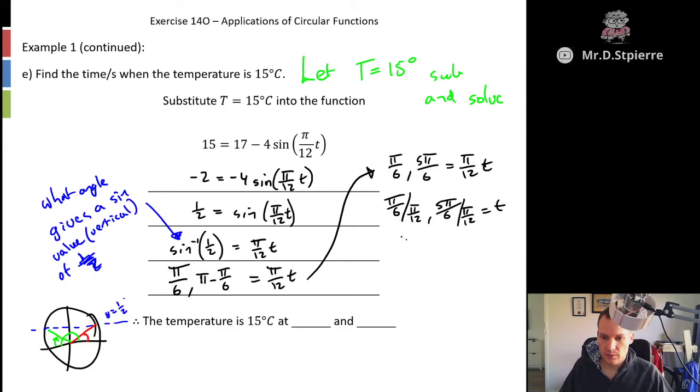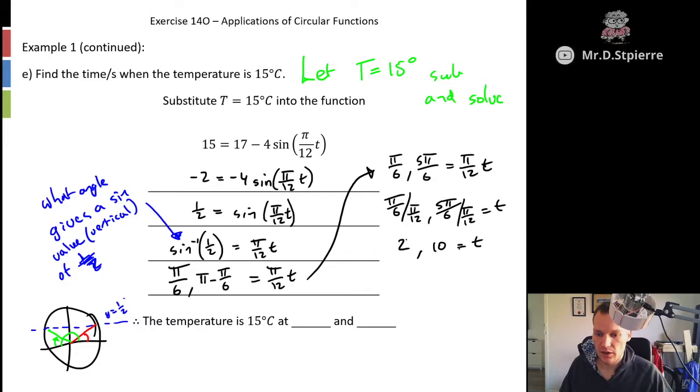So that's going to be 12 on 6, that's going to turn into 2. And 5, 12, 6. So 5 times 2, that's going to be 10.